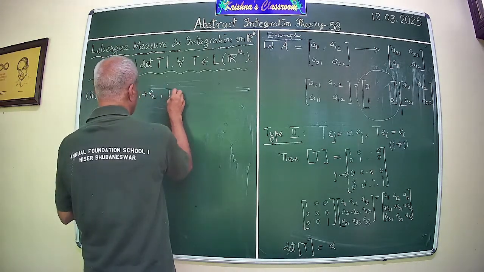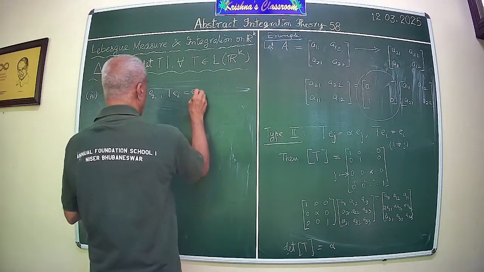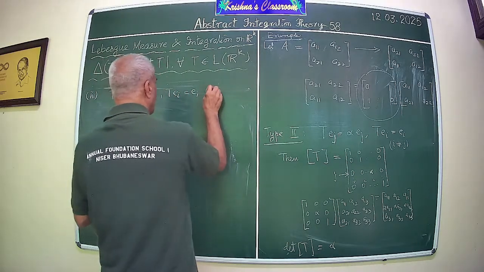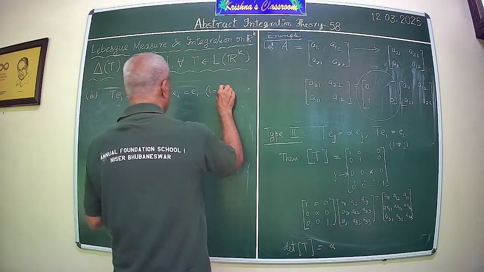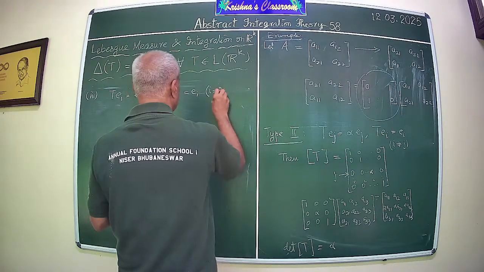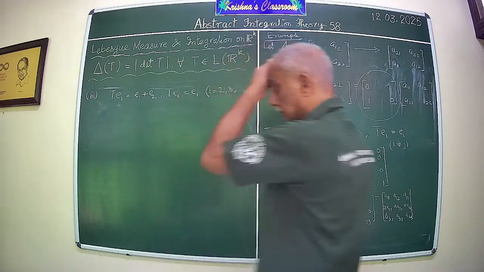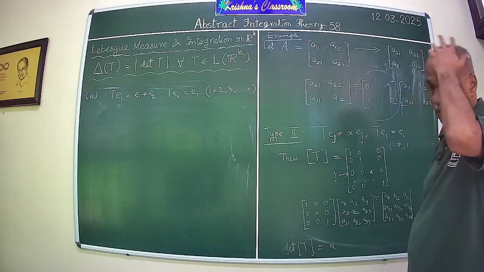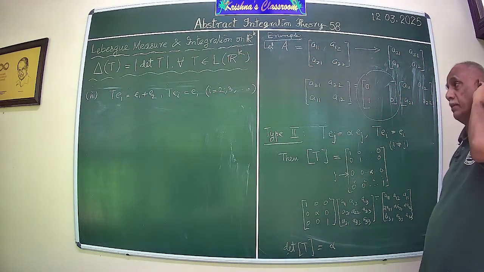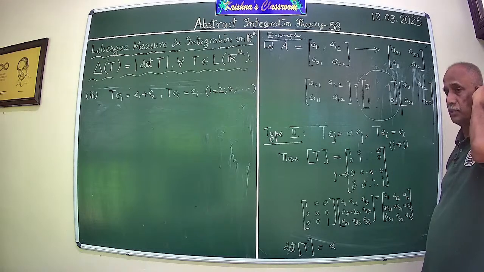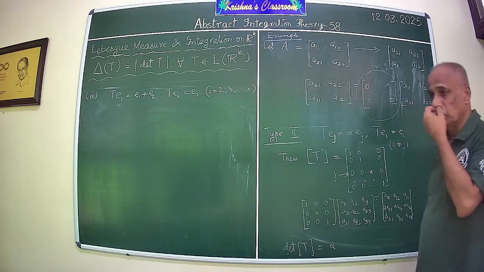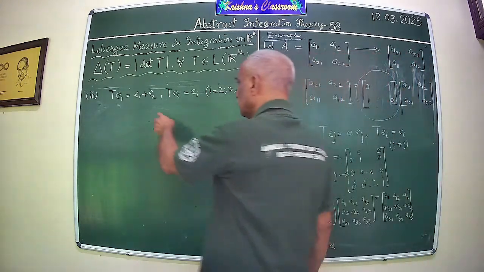TEi equal to Ei for i equal to 2, etc. That means the first element of the basis is transformed into the sum of the two vectors E1 and E2.